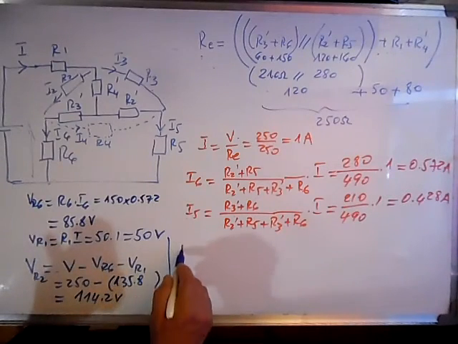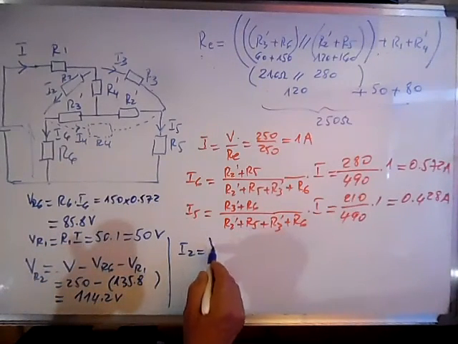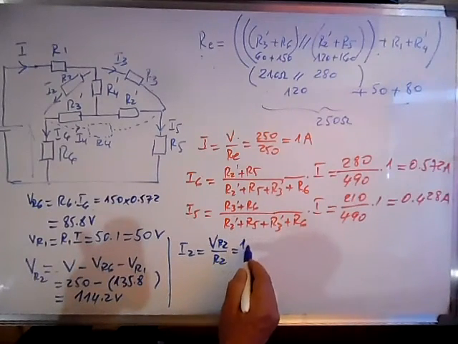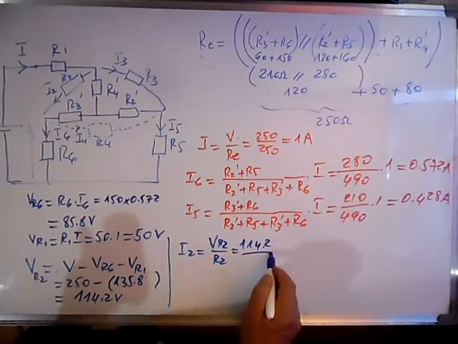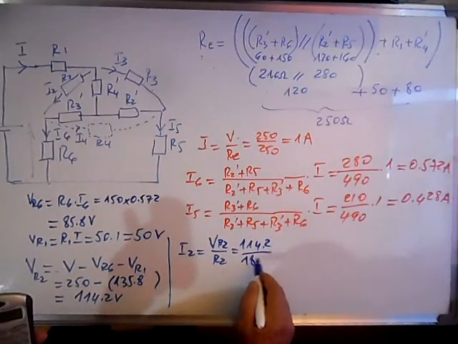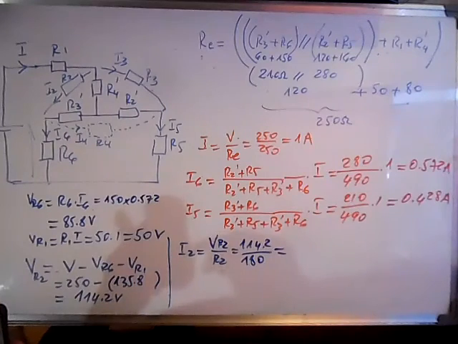From here we can calculate I2. It's VR2 over R2. It's 114.2 divided by R2, which is 180.